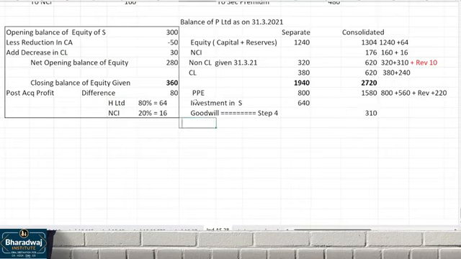That will continue. Then what is the next one? Current assets. How much are current assets? 500. In the consolidated, it is 500 plus 360. How much will it be? 860.